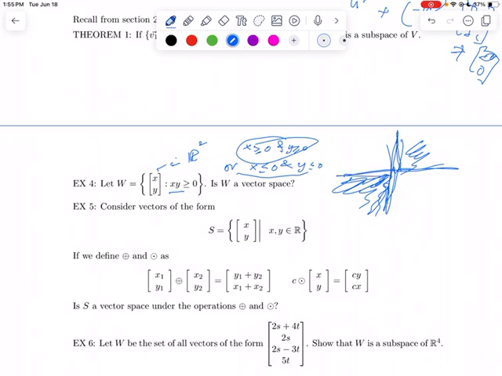So think of it: is it a vector space? We start from the beginning. If we have two vectors in this space, in these regions here in the third quadrant or in the first quadrant, both of them in the first quadrant, both of them in the third quadrant, or one in the first quadrant and one in the third quadrant, and we add them, will we get a vector back in one of these quadrants?